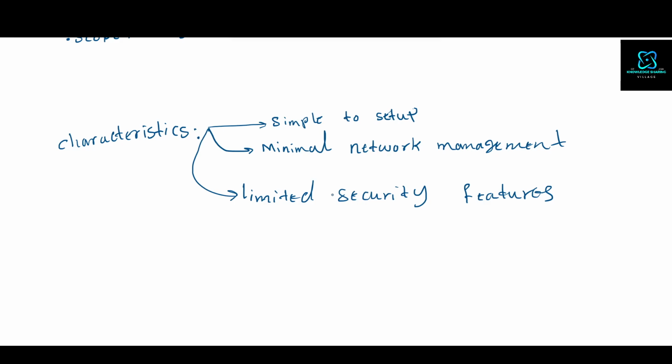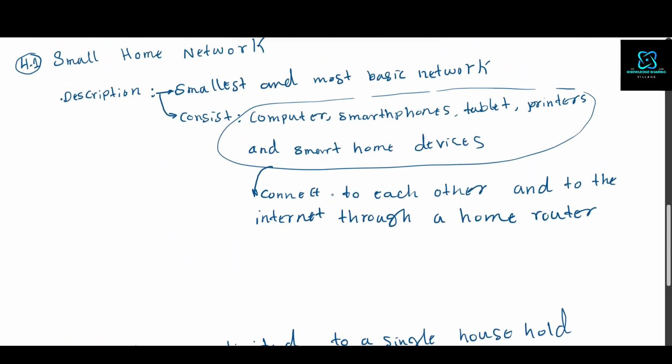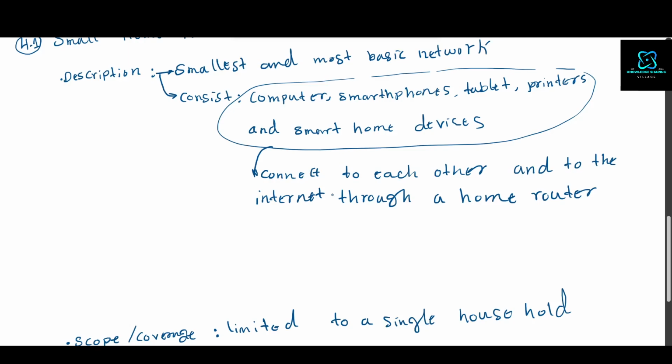Okay, at this point, I think that's enough to have this knowledge. First, we described what a small home network is, which devices it consists of, and how the connections look like. In the coming videos, we are going to talk in a little more detail about how this connection looks like.